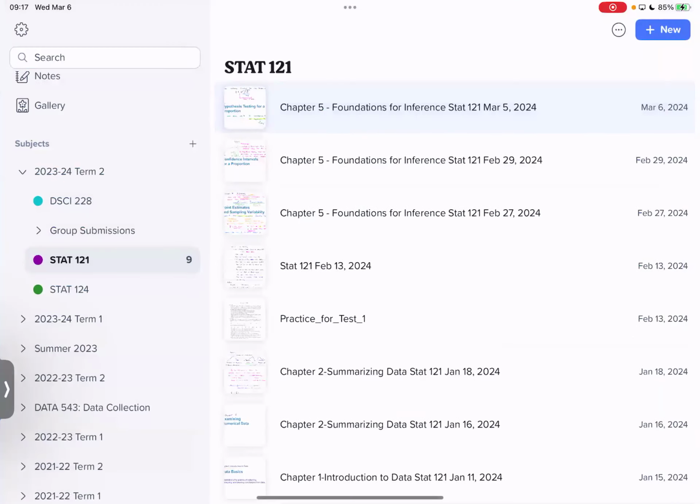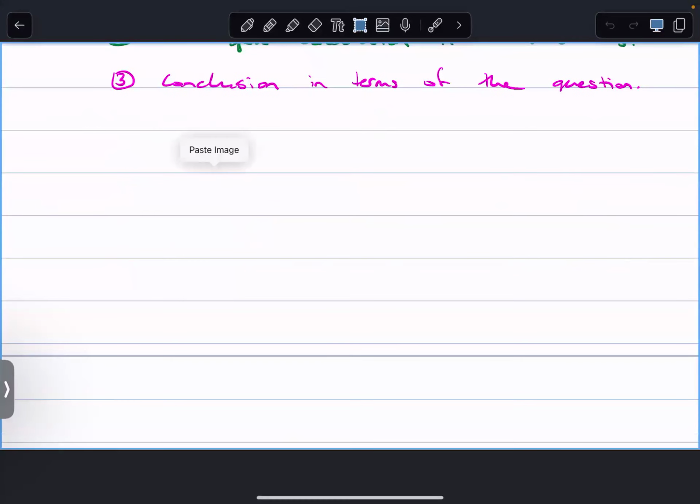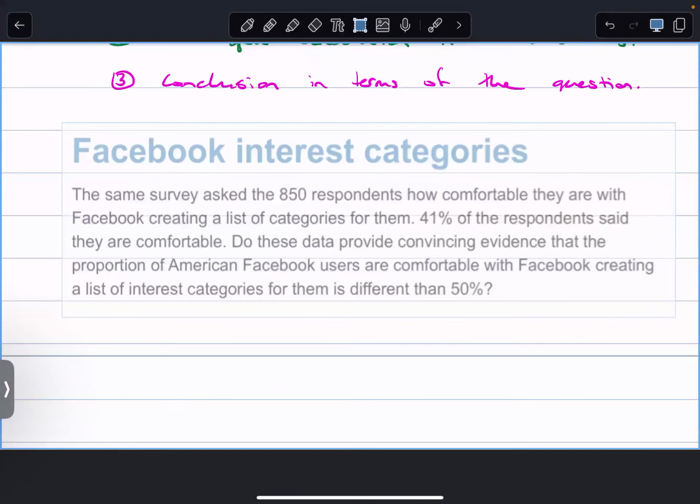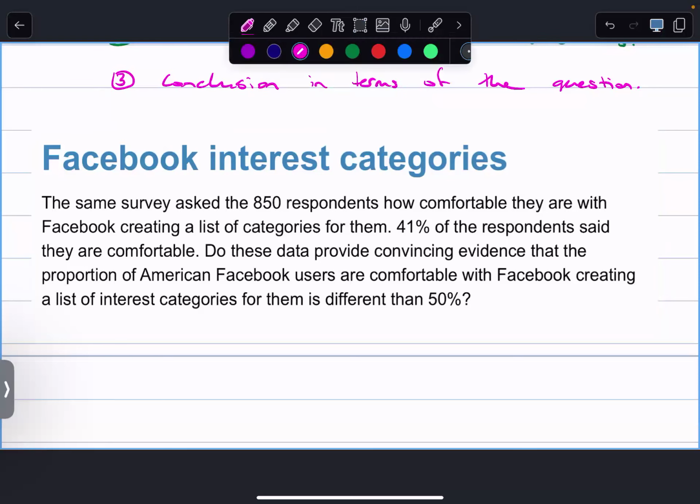I want you to try this question for Monday, and then we'll work through it together. Obviously, we're going to work through it.